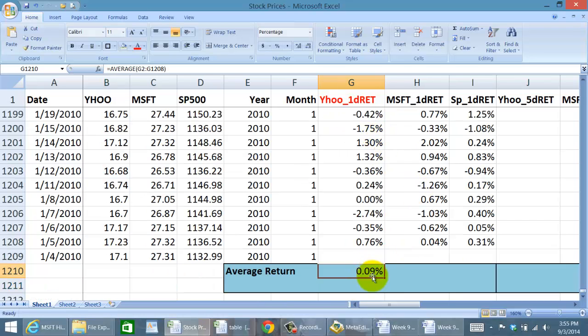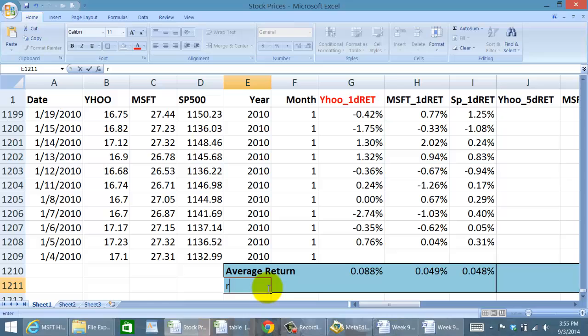Close the parentheses, hover and drag. Here is the average daily return. You can see that the Yahoo average return for a day is 0.09, for Microsoft 0.05, and S&P 0.05. You can increase it to a few more numbers after the decimal place.